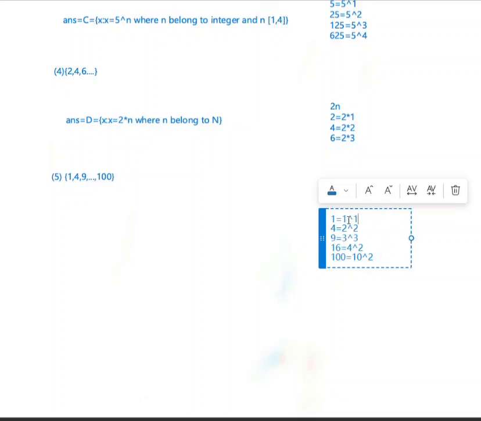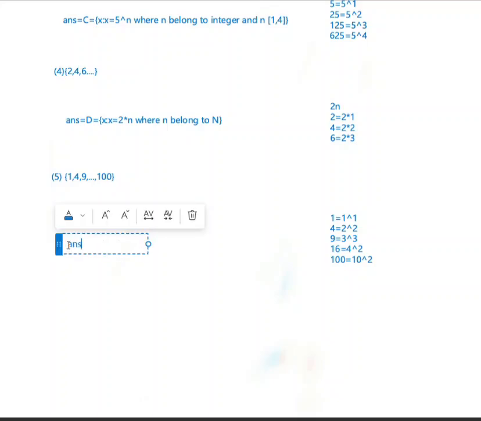So here the answer of E is x, where x equals n to the power 2, where n is a natural number, n belongs to natural number, and the range of n we can say is from 1 to 10.